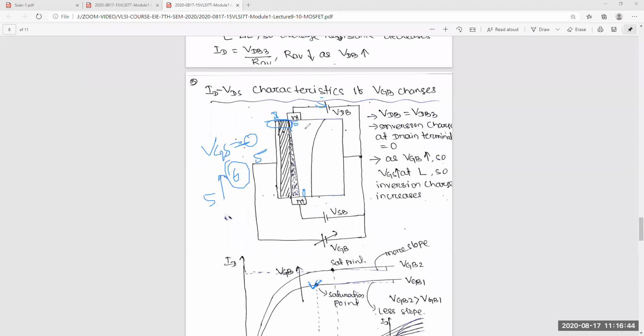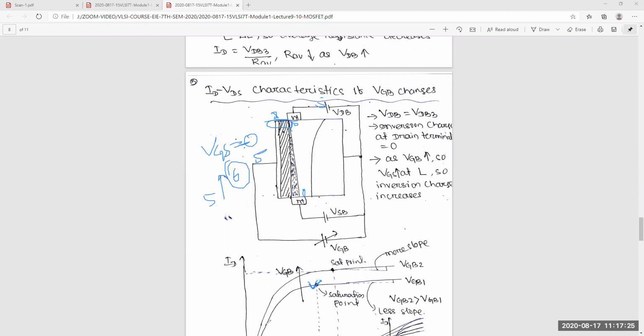Yes, sir. So if it is able to attract inversion charge, the resistance will decrease, or not? Yes, sir. The resistance will decrease, which means the current will increase, since the current is VDB divided by a smaller resistance.